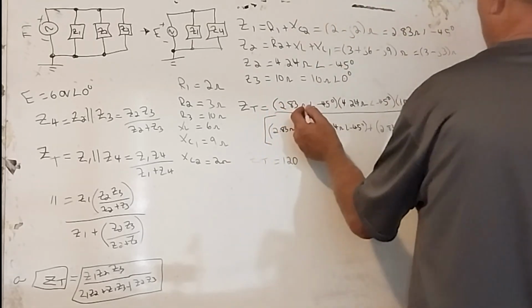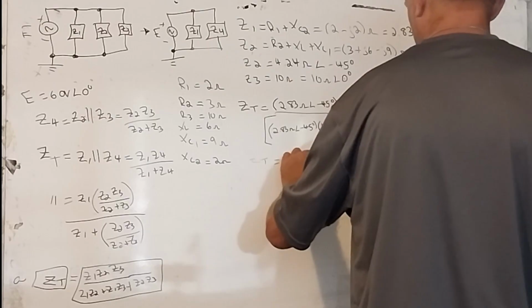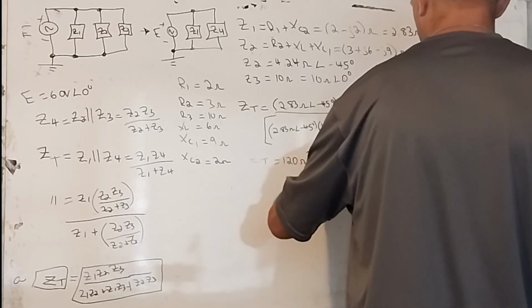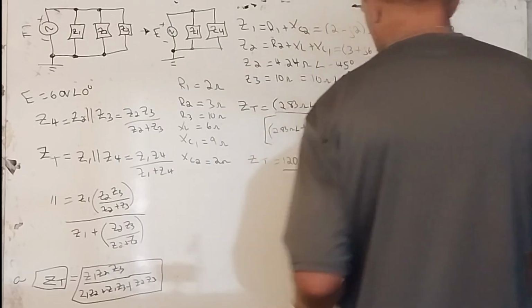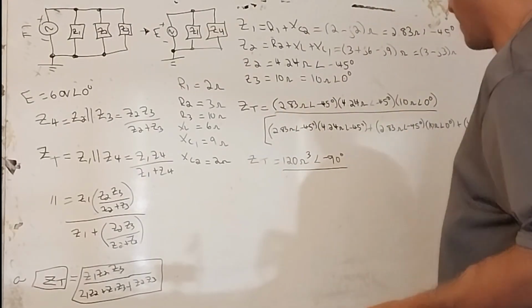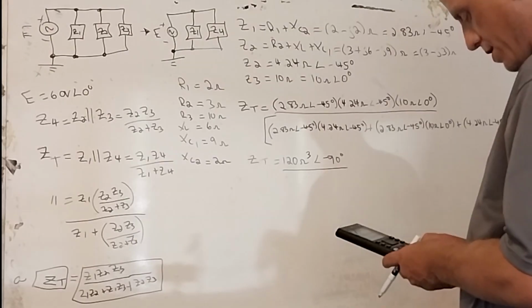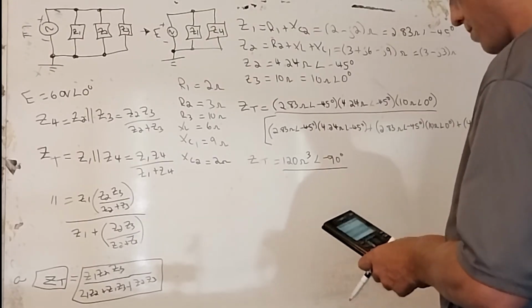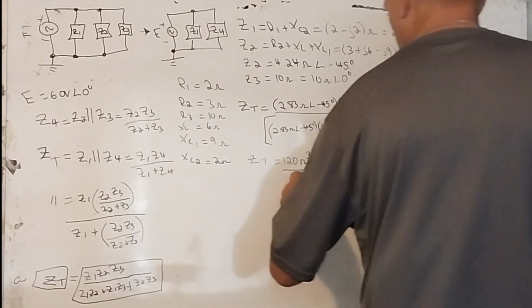And here, ohms times ohms times ohms, ohms squared, at an angle of negative 90 degrees. We've got a capacitive value on the top, but it might change because of the denominator. So A times B is 12 ohms.